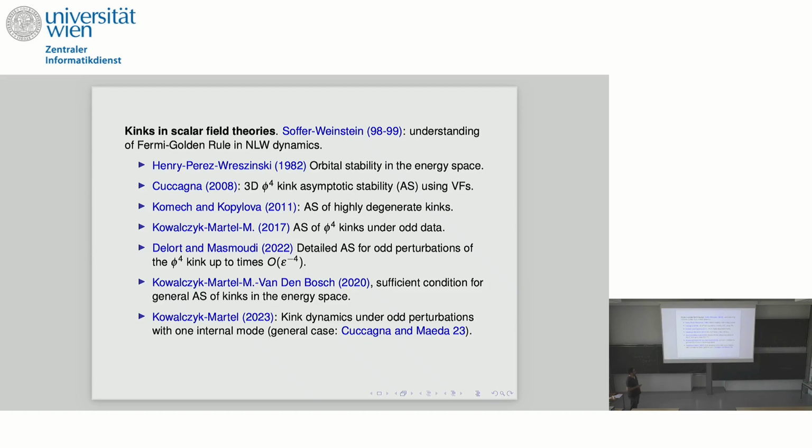Except for phi4 and sine-Gordon, okay? And recently, Kowalczyk and Martel revisited this result, and they succeeded in providing a proof that does not use any kind of numerical computation, and they considered not only phi4 but also phi8 and other models. Okay, that was generalized by Cuccagna and Maeda.